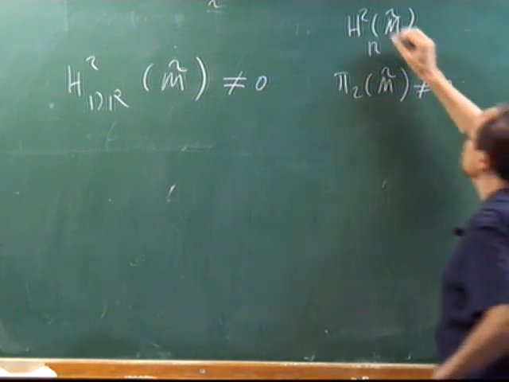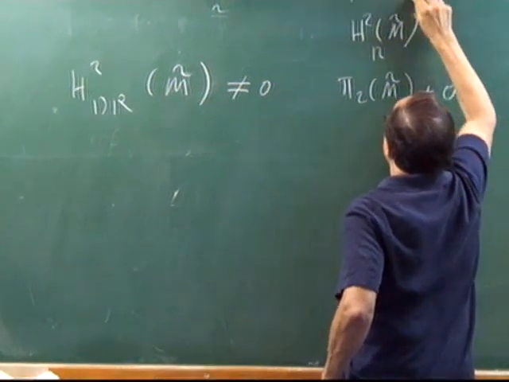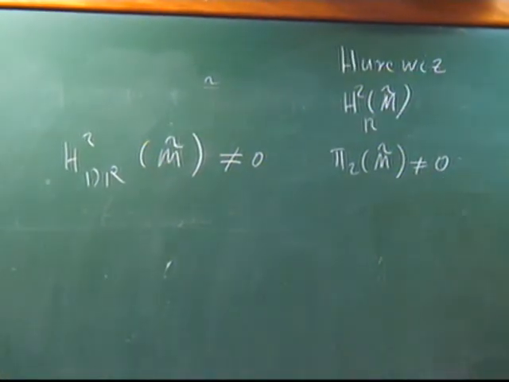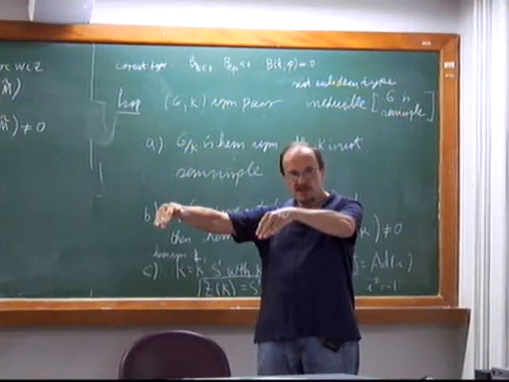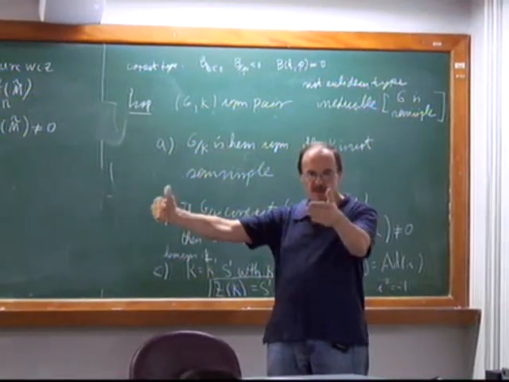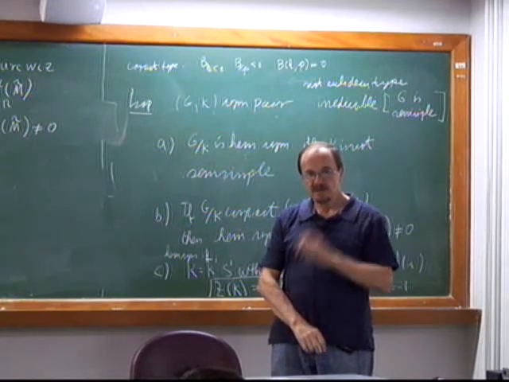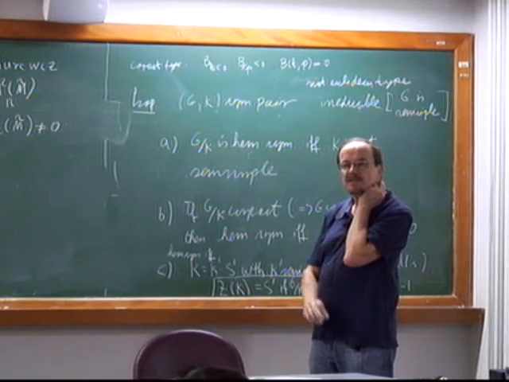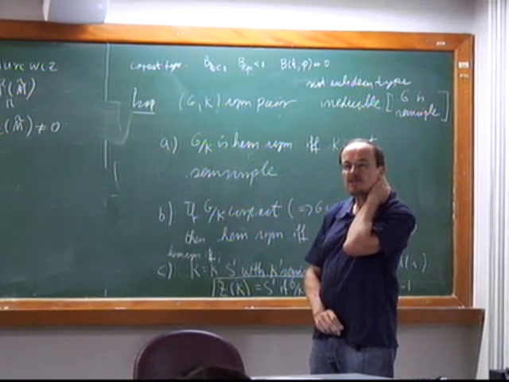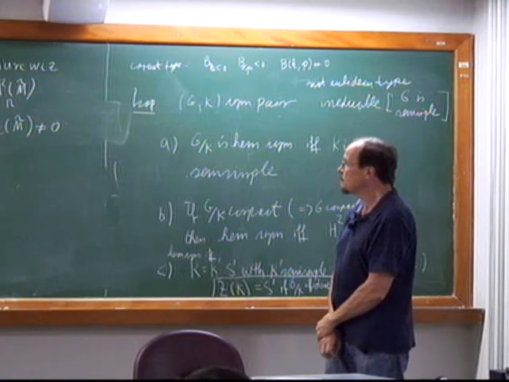That's called Hurewicz. In general, if you look at the first couple of homotopy groups of your space, up to where it's first non-zero, that homotopy group is isomorphic to the corresponding homology group. So as long as homotopy vanishes, homology vanishes. First time they don't, this group agrees with this. That's a theorem, the Hurewicz theorem. That's an important theorem. Have you seen that? It's in Hatcher, yes. If you do some topology, it's one of the things in Hatcher.